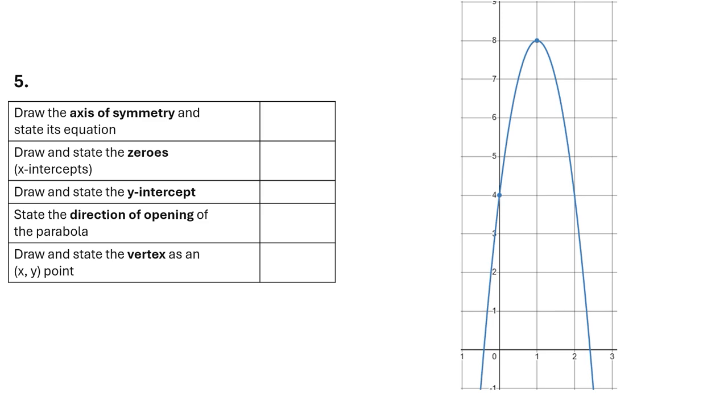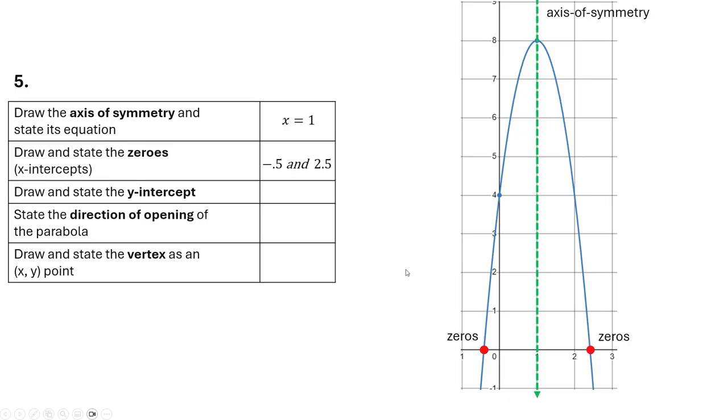This parabola, the axis of symmetry, the imaginary line, is right here at x equals 1. I'll write that in. Our zeros, or x-intercepts, are part way between 0 and 1 and part way between 2 and 3.